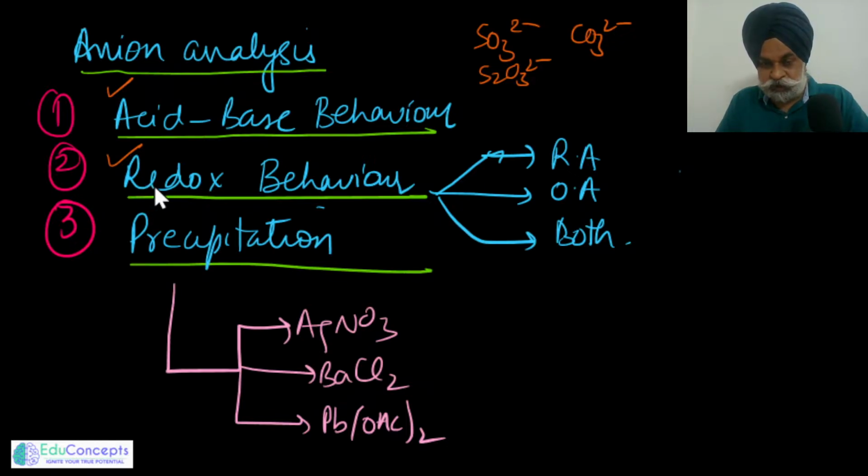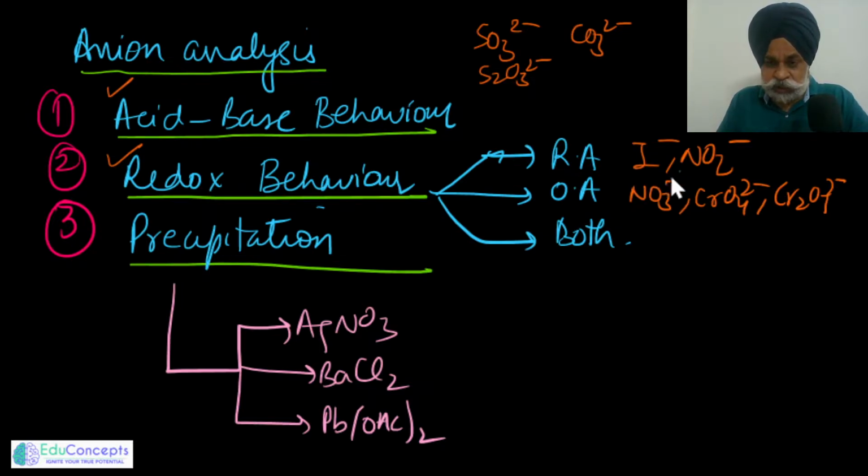Some anions act as reducing agents, like iodide ion and nitrite ion. On the contrary, there are good oxidizing anions also, like chromate ion, dichromate ion or permanganate ion. Some can go both ways, like nitrite or sulfite; they can increase or decrease their oxidation state during the reaction.